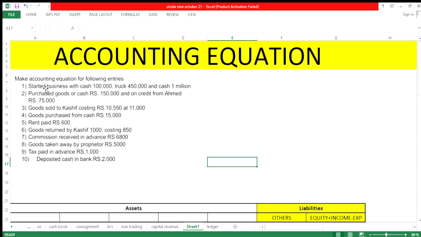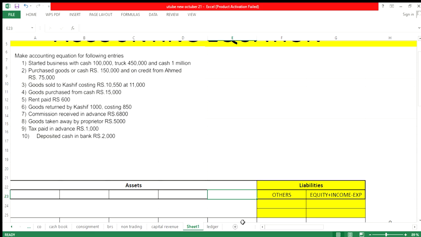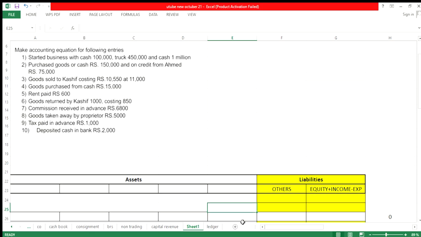Let's begin. Started business with cash, truck and cash. So there are two cashes, one cash of 1 million, second cash of 1 lakh. First we will see that cash is coming in. We will introduce a new column of cash. How much cash?